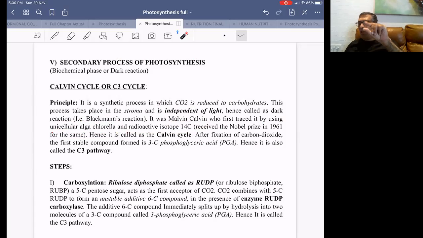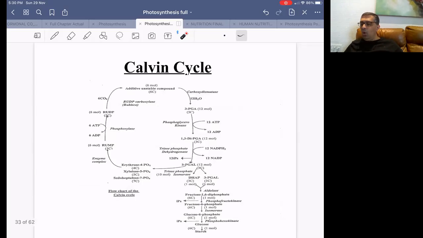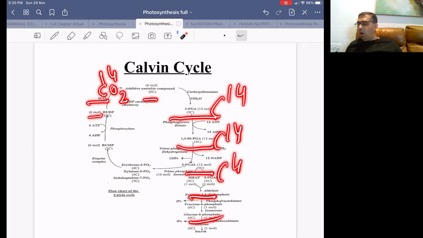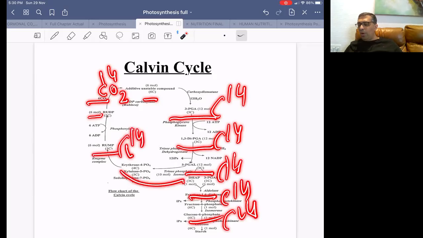He took C14, and C14 was then put into carbon dioxide, and in every carbon compound that was formed from it, C14 was found. Using C14, he found out which chemicals are formed. So he traced the names of all the chemicals.